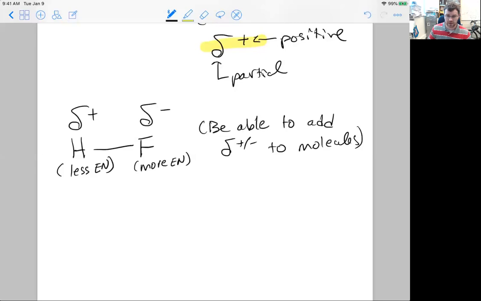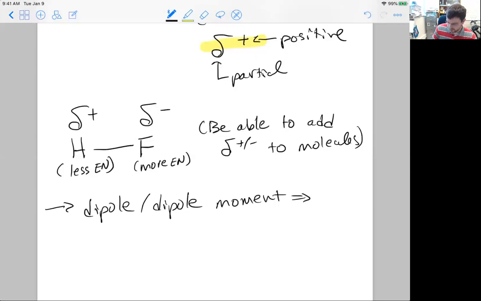Now, the next thing we want to be able to denote is the idea of a dipole or a dipole moment. A dipole or a dipole moment is a separation of opposite charges.